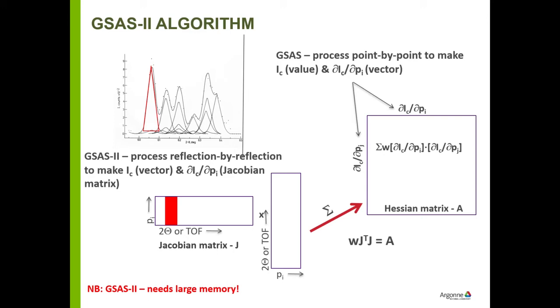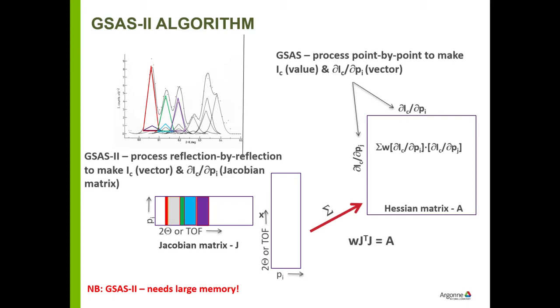And the number of parameters this way can be a couple of hundred. So you can think of a really big matrix. This thing is called the Jacobian matrix. And you then do the reflections one at a time, working your way across the profile.